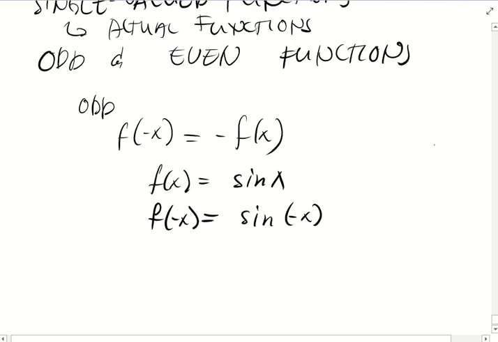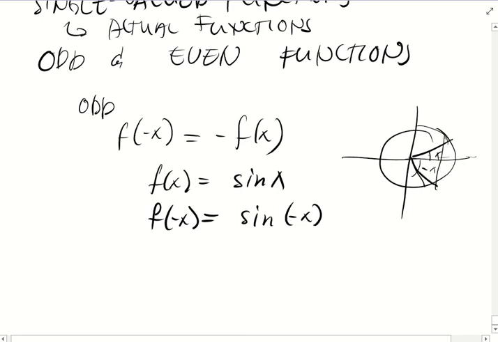If you remember the unit circle, if I have here a value of x, then here is negative x. They have the same theta, but the other one is negative. This point here is x and y, cosine of x and sine of x.